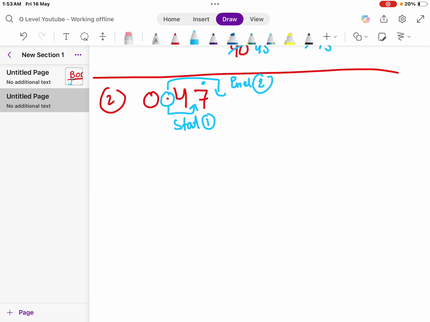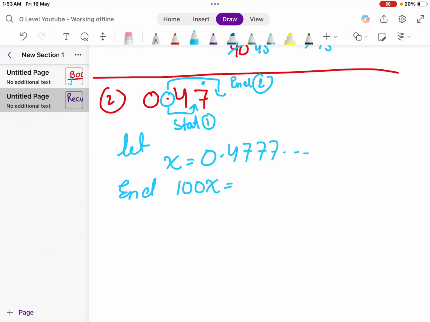So first I will let x equal to 0.4777 and so on. Now first I will write the end value, so I will multiply by 100 because after 2 digits it ends, so it will become 47.7777 and so on.